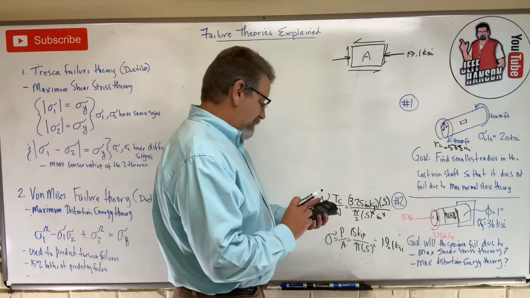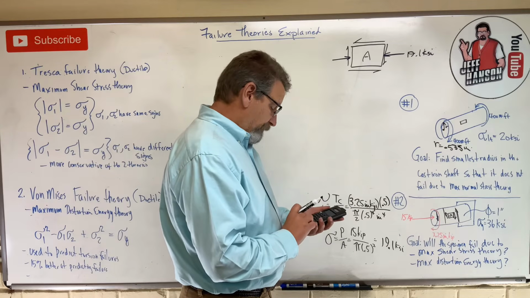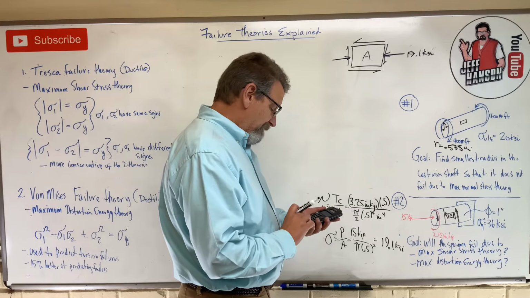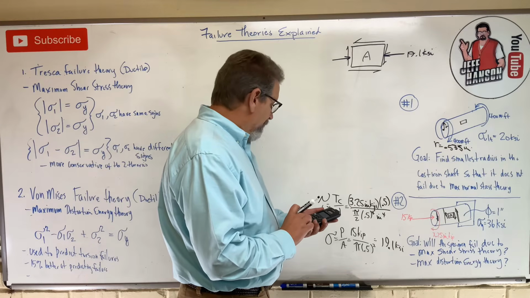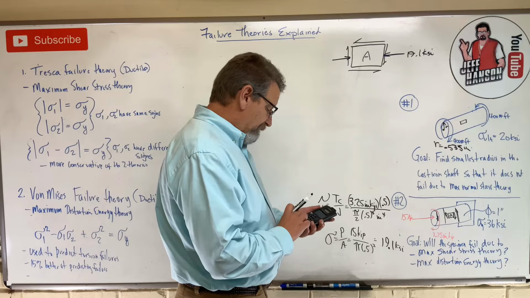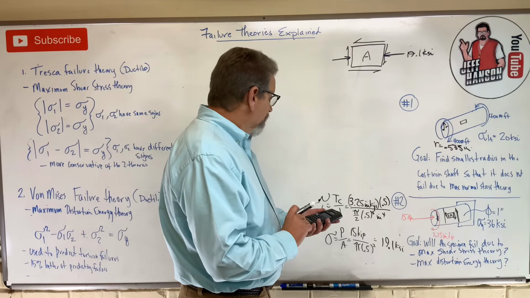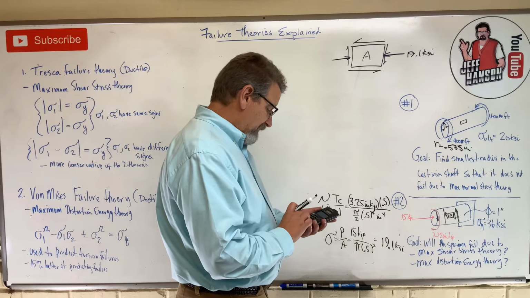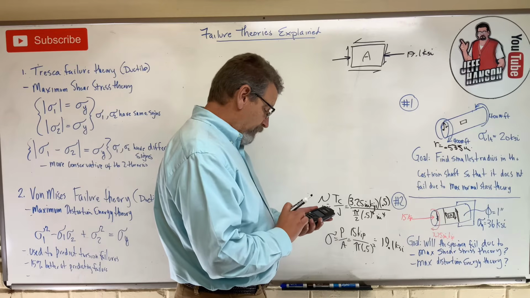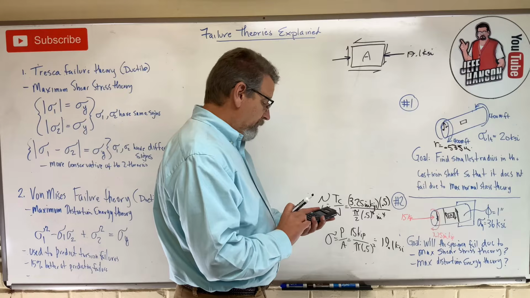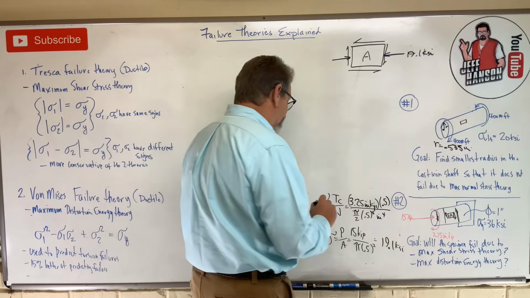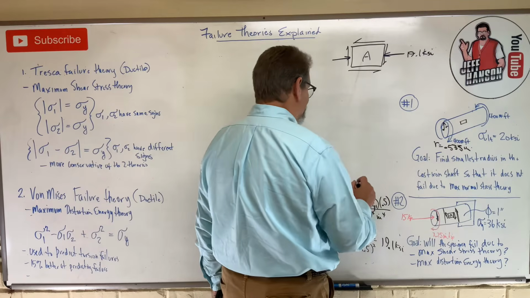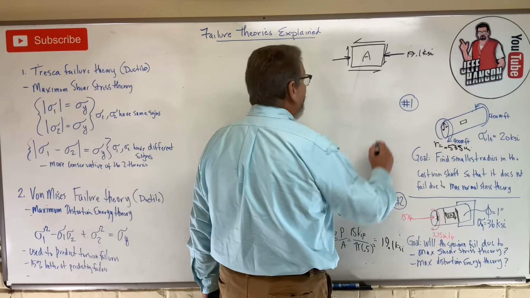Let's see what that gives us. 3.25 times 0.5, divided by 0.5 to the fourth, divided by parentheses pi over 2. That's 16.55. So all that is 16.55, and that is also KSI.